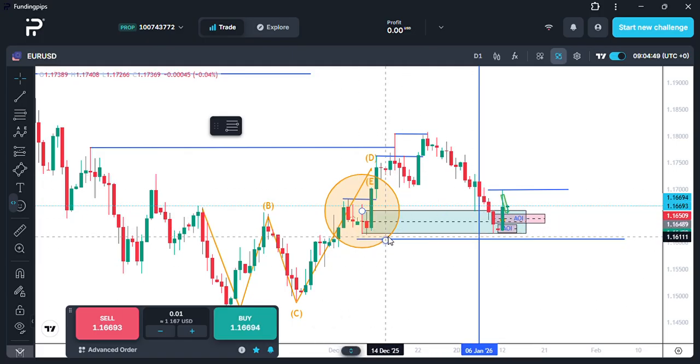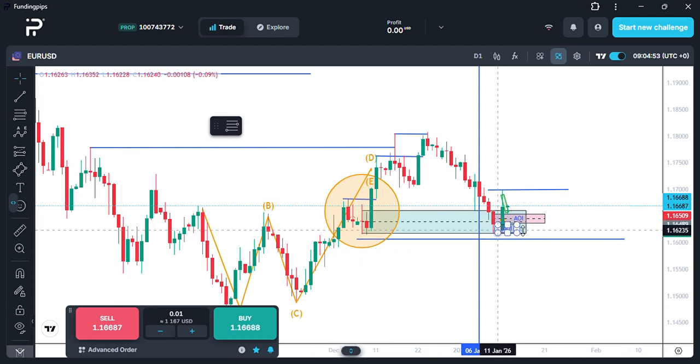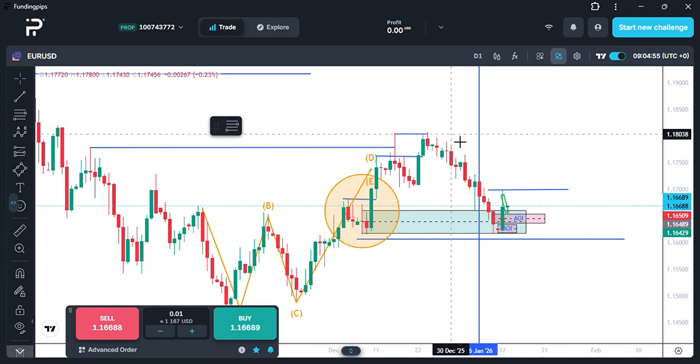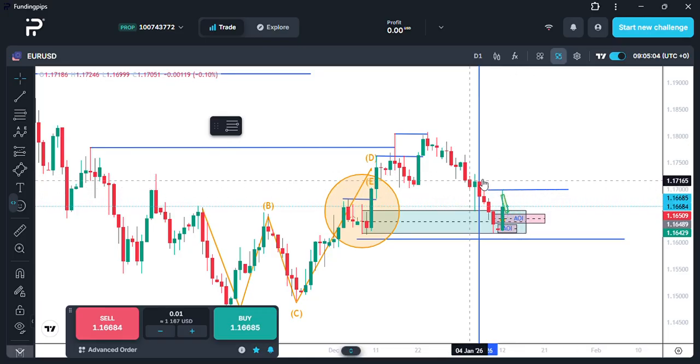Always have an area of interest. This is a rejection block. We are seeing the market reacting here. Boom, this is our next target. If the market is supposed to buy, we are supposed to buy into this week, or we take out this week.